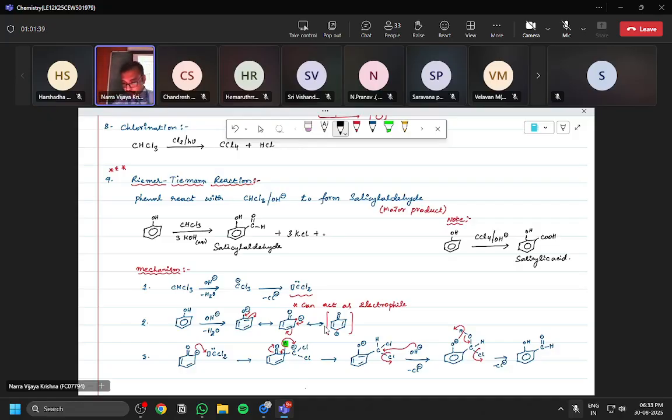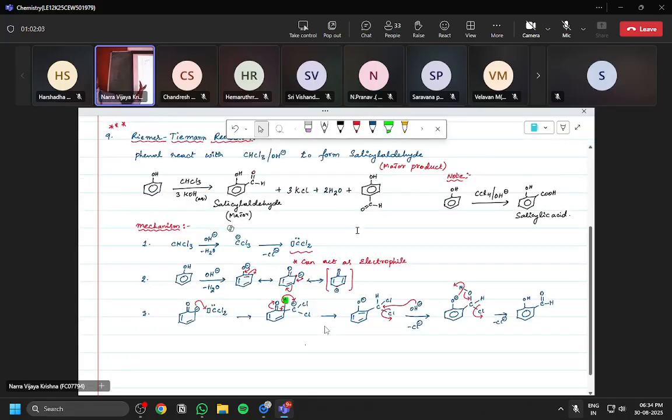So plus 2 H2O, plus you may get the para product also, para salicylaldehyde, as a byproduct. But which is major? Ortho becomes major. This is the Reimer-Tiemann reaction.